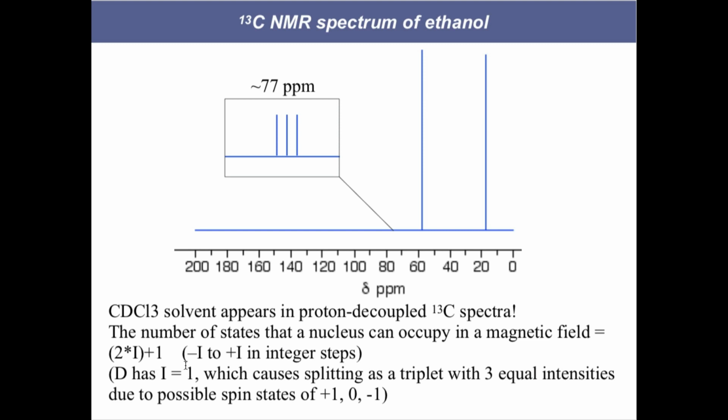We end up getting a triplet with 3 equal intensities due to the possible number of spin states. Remember, we said that 2 times I plus 1 gives us the possible number of states, and deuterium with an I of 1 means that we have 3 possible states, basically plus 1, 0, and negative 1 with respect to the external magnetic field. That basically gets us a triplet.